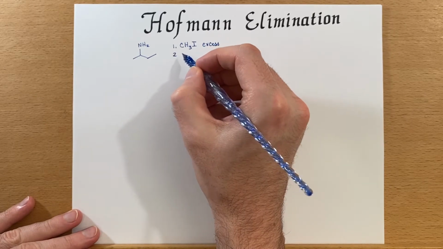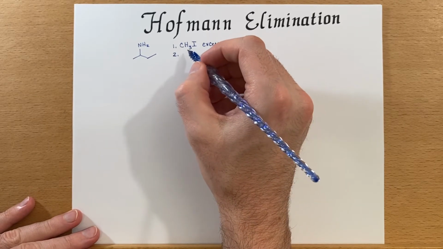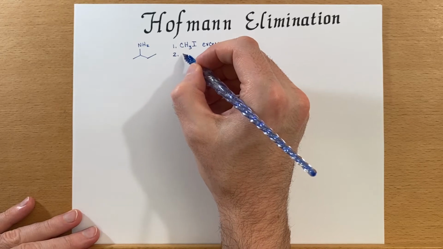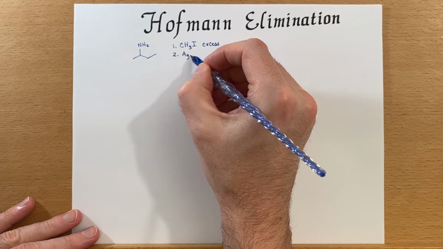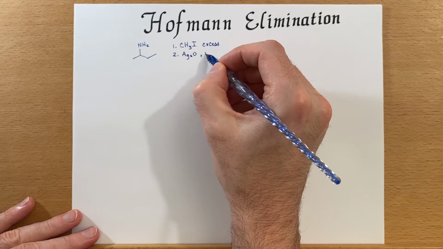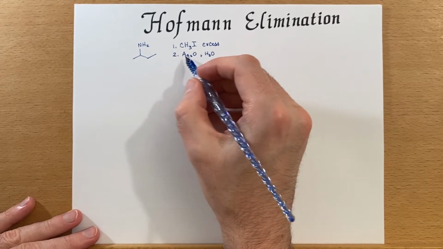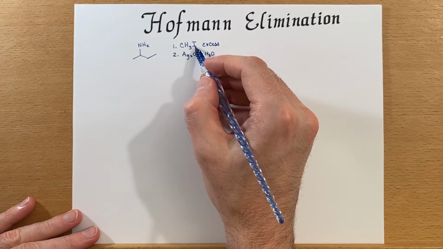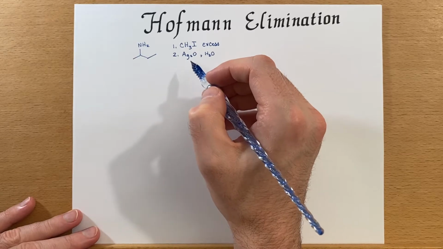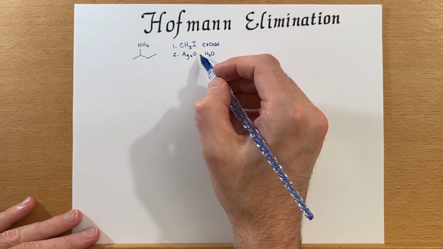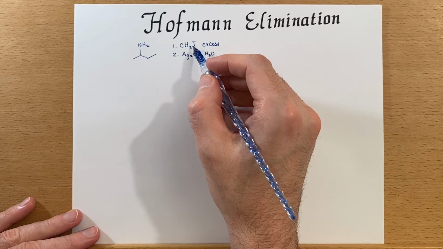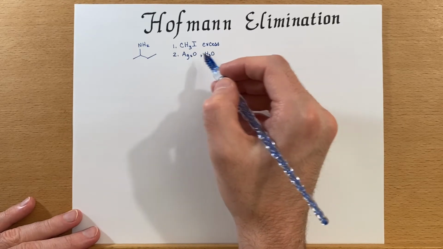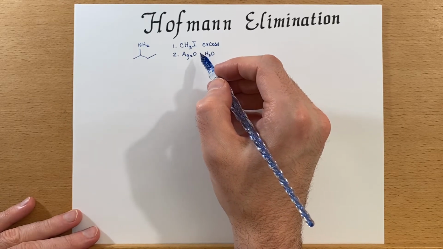Next, we're going to add silver oxide and water. This will convert the iodide into a hydroxide. So it's going to exchange the ions in the solution by precipitating silver iodide, and it will leave behind hydroxide.